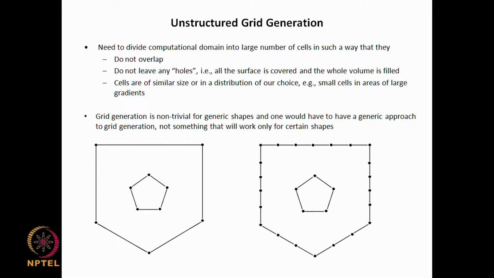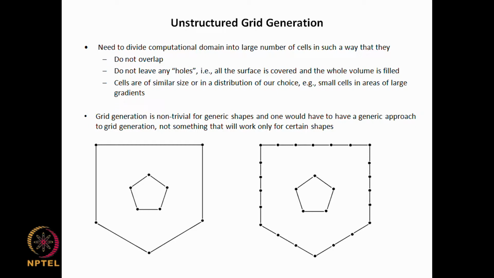At the same time, there should not be any overlaps, and the whole volume needs to be filled by the cells that we have chosen. So from the individual cells, we should be able to reconstruct the entire bounding surface and the entire volume through which the flow is flowing.